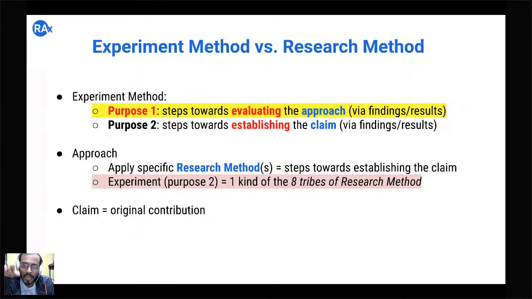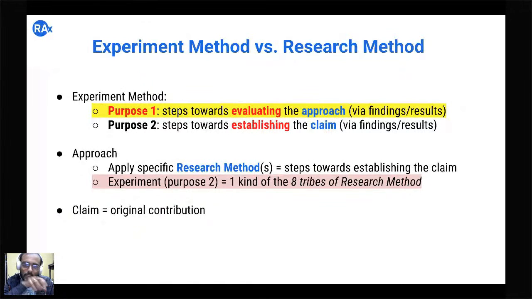I will have a different series on research method, and purpose number 2 will be part of it. So the purpose of this entire series is to focus on how to make sure that the world recognizes my approach.